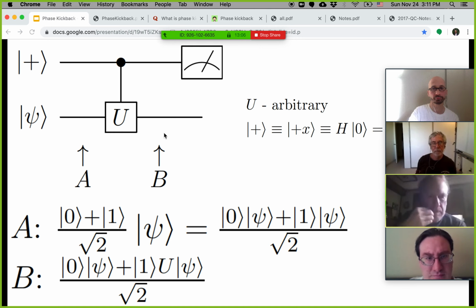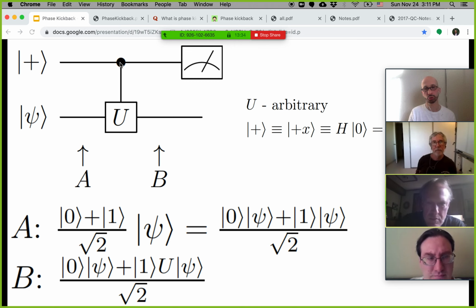So this black dot is a controlled operation. That means that operator U will be applied to the second qubit only when the first qubit is 1. In a lot of cases this is a controlled NOT, but we don't have to restrict ourselves to controlled NOT.